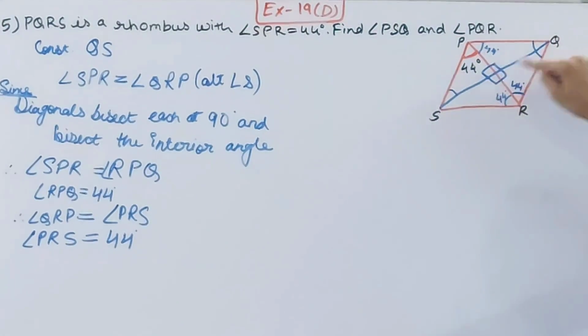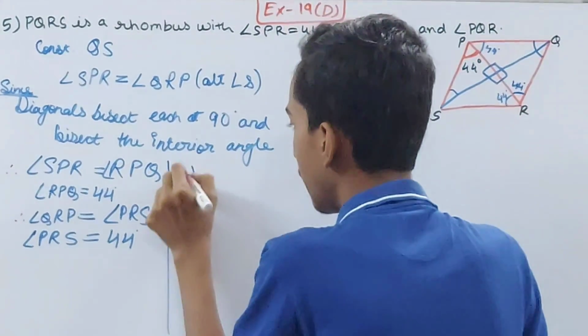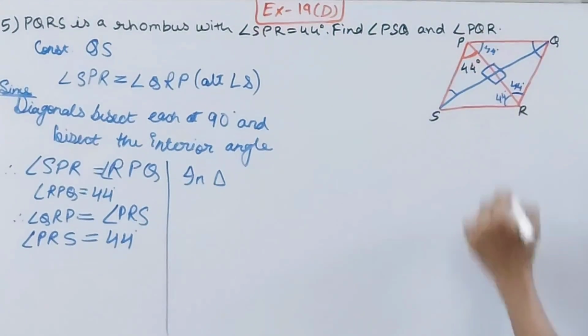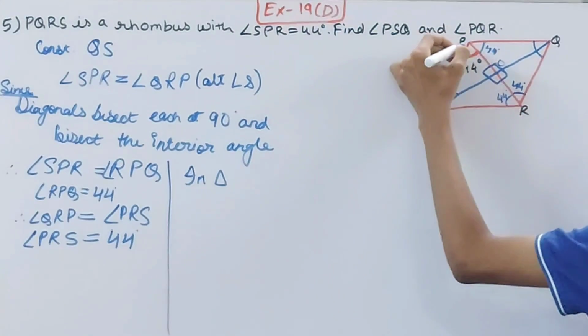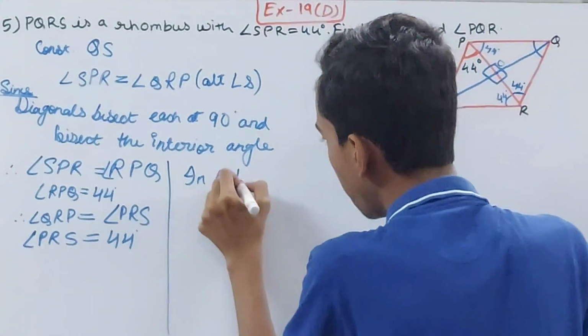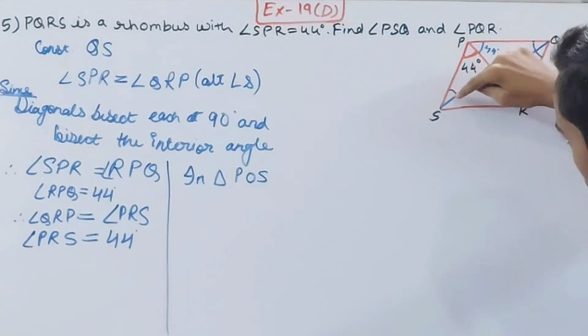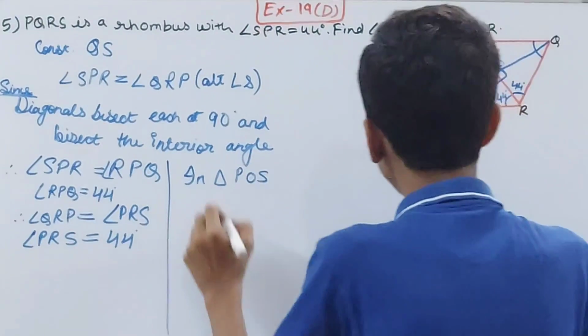Now you can see we have to find angle PSQ. This is what you have to find. So look here. Let's mark this center point as O. In triangle POS, I am choosing this triangle. Watch carefully.